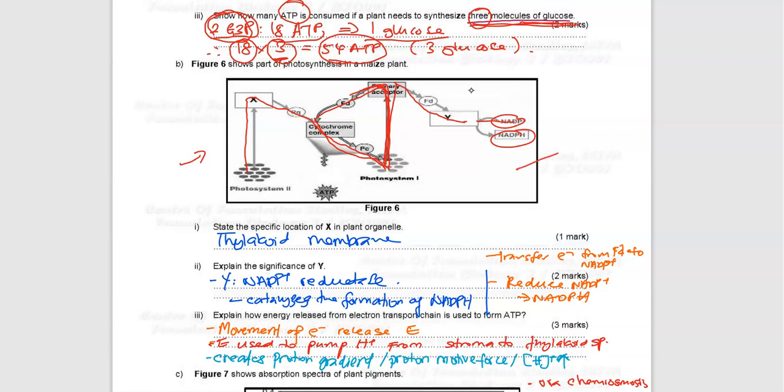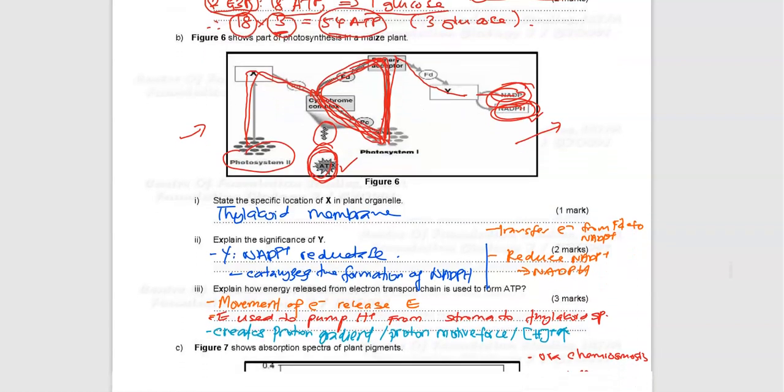So ada dua lah, linear electron flow which produces both ATP and NADPH, linear kan, daripada photosystem 2 sampai elektron tu digunakan untuk menghasilkan NADPH. So linear electron flow will produce both ATP and also NADPH. Kalau untuk cyclic electron flow or cyclic photophosphorylation, it only produces ATP molecule through the process of chemiosmosis.